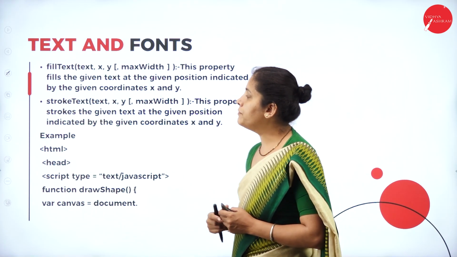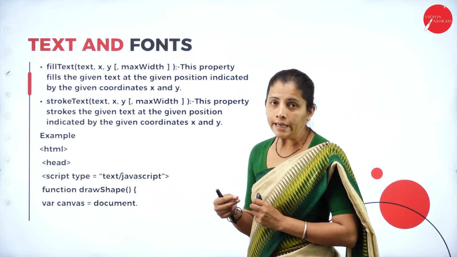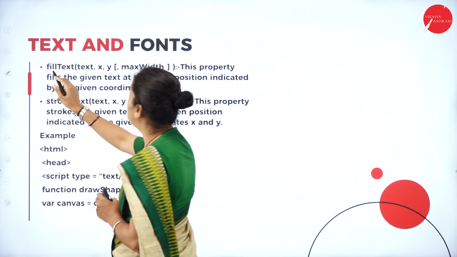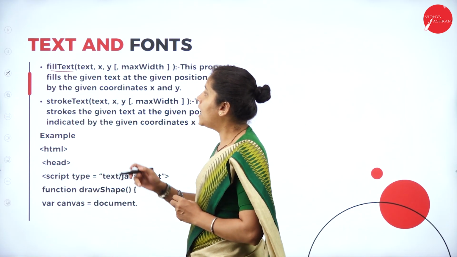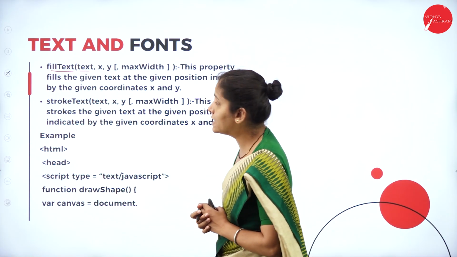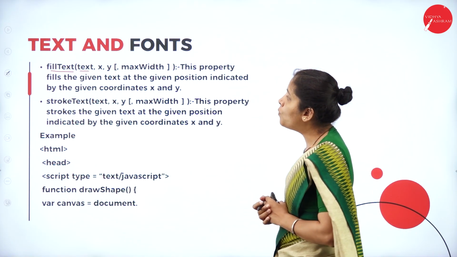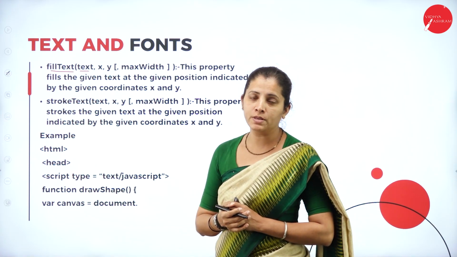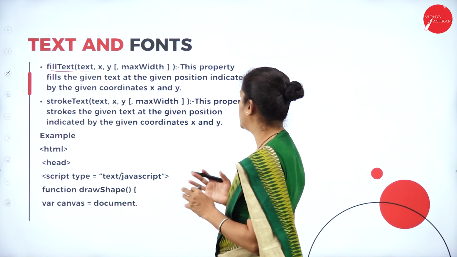Fine. If I want to fill the text, I have fillText. I'm going to pass the text, and at the same time I'm going to pass the x coordinate as well as the y coordinate, and I'm going to specify the maximum width.